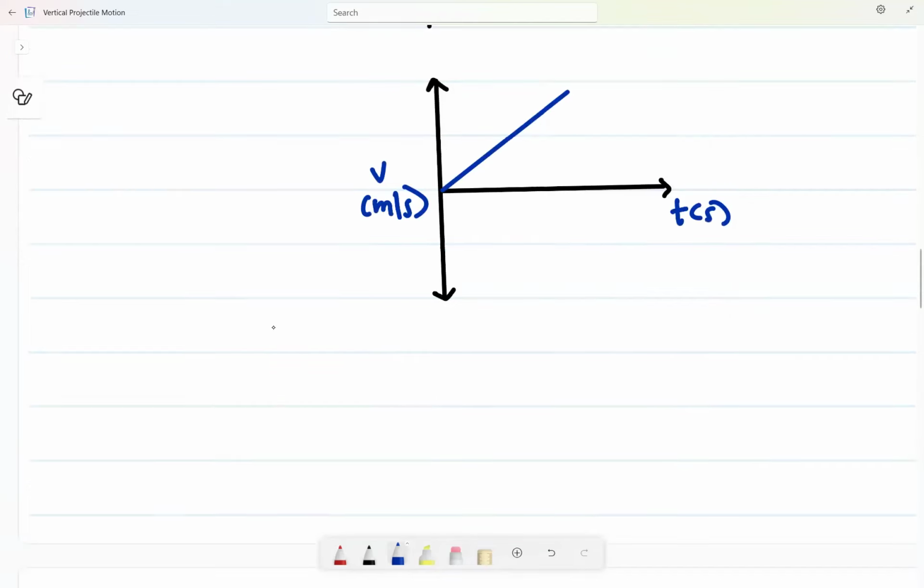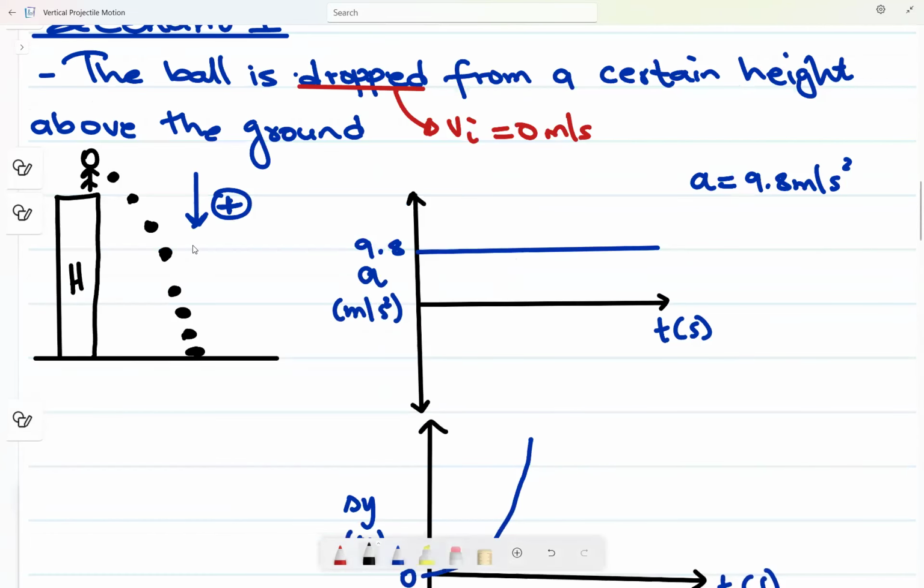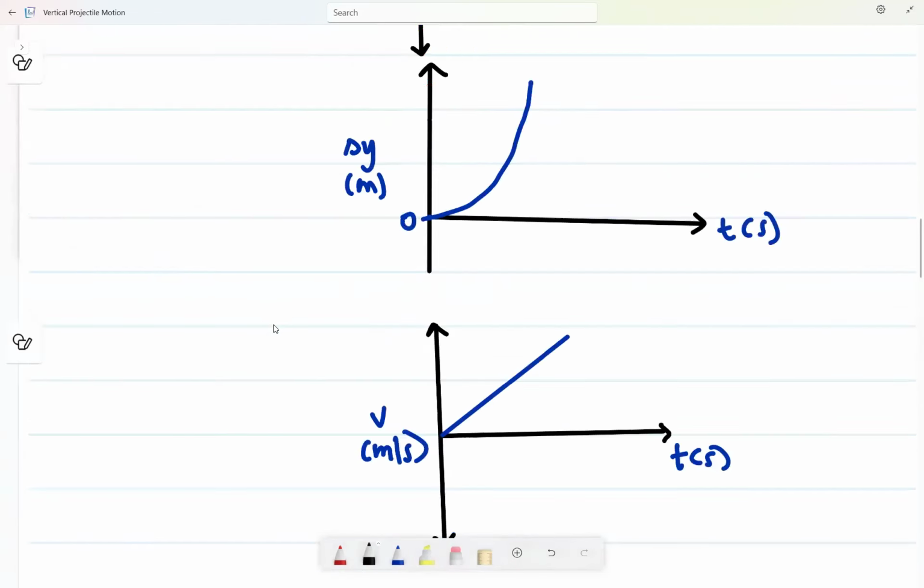Okay? All right. Let's have scenario 2. Now, this is where interesting things start. Scenario 2. Remember scenario 1 said the ball is dropped from a certain height, right?